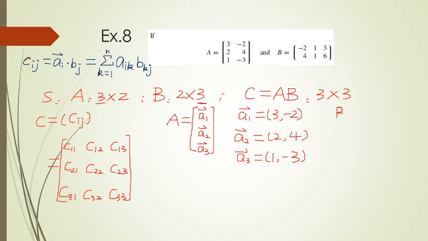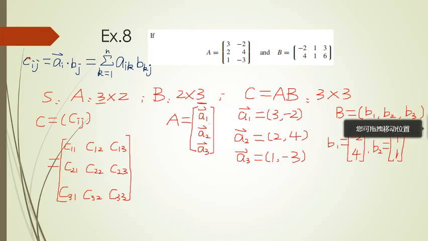Matrix B is in column vector format, right? Column vectors B1, B2, B3. Then what is B1? B1 is the first column, minus 2, 4, right? Then B2 is the second column, 1, 1.